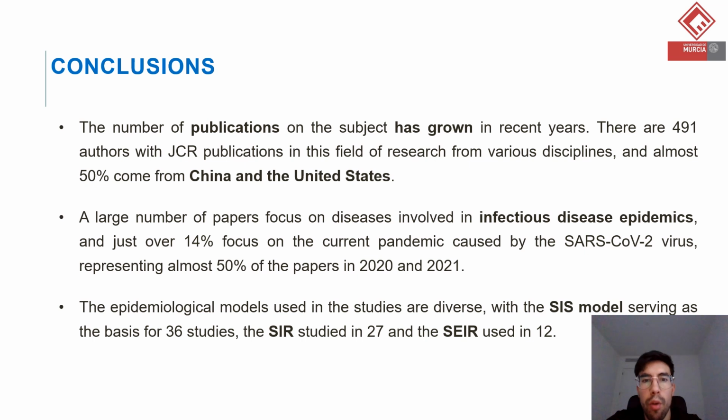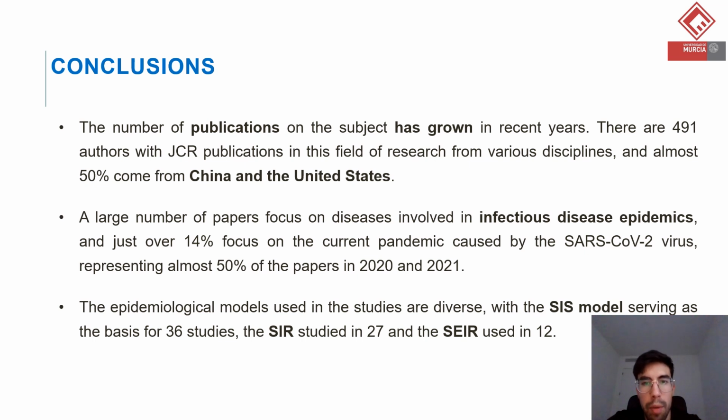There are 491 authors with Journal Citation Reports publications in this field of research from various disciplines, and almost 50% come from China and the United States. The author with the most articles is Shen Jin from North University, China. The journals in which most articles are published are very well placed in the rankings, belonging to the Q1 and Q2 quartiles.